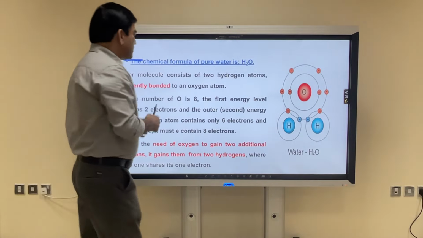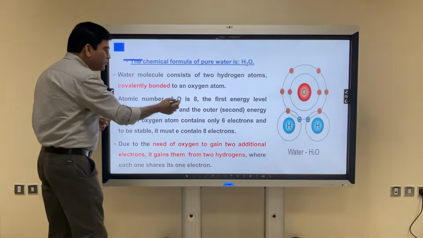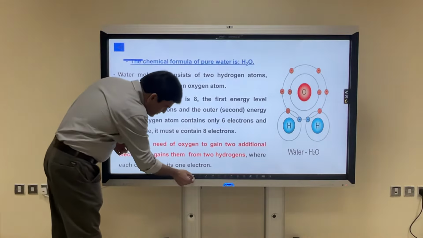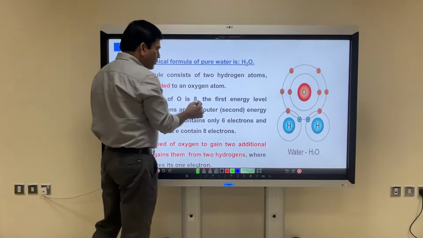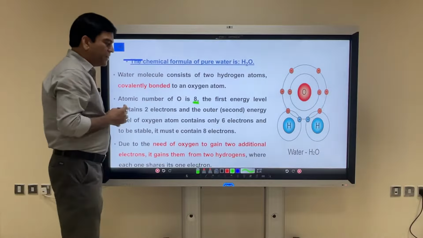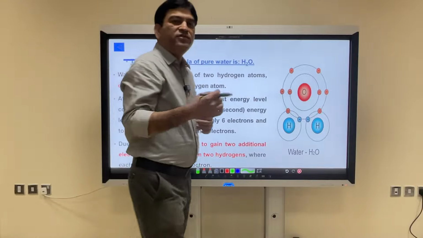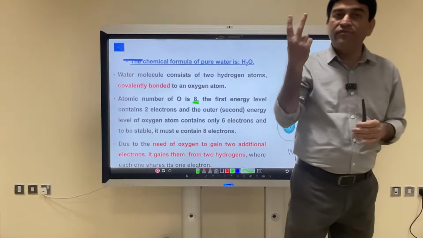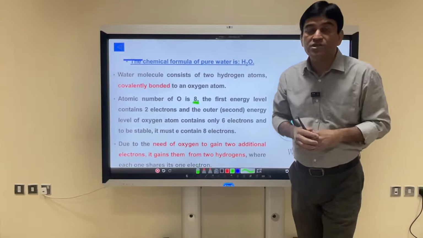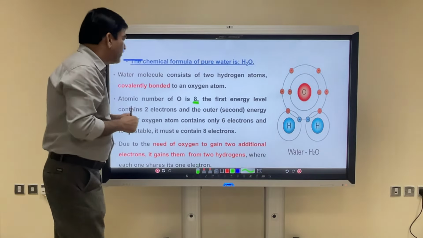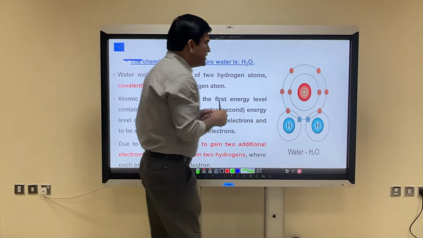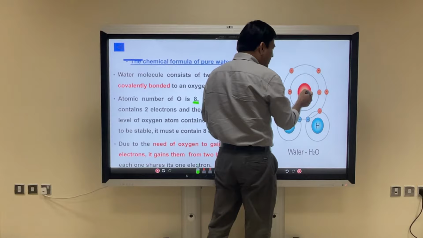Now you can see the structure over here. The atomic number of oxygen is 8. What do we understand by this? In the first shell, there will be 2 electrons, and in the second shell, there will be 6 electrons.